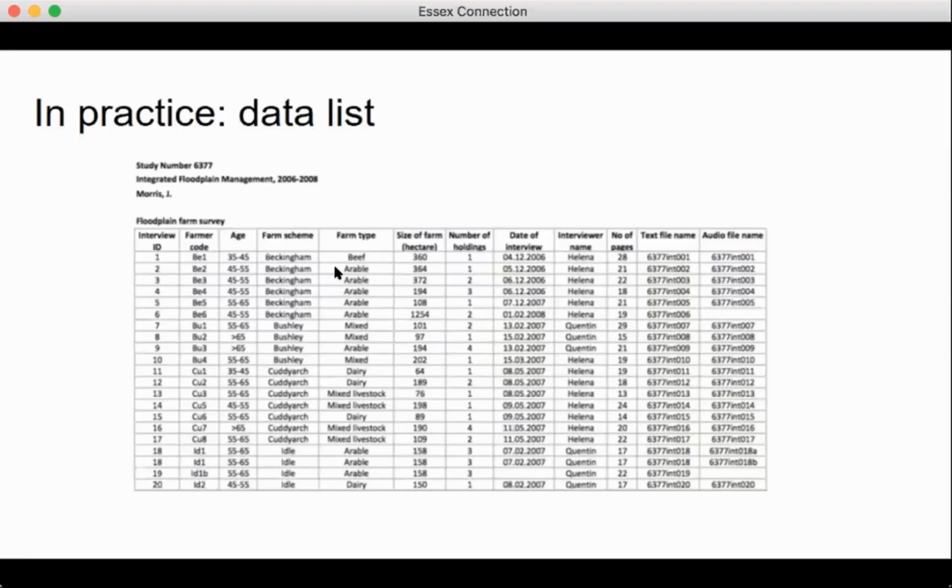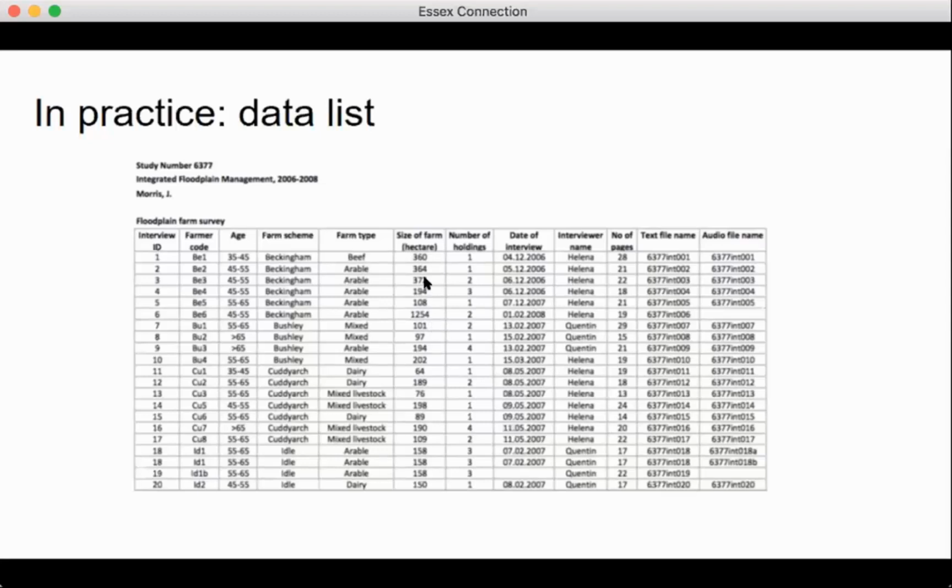If you were to come back to your project, say in a few years' time, and you need to have an exact view of the transcripts or the files that you had years ago and you don't remember them. Or perhaps someone else is interested in a subsample of your data. For example, perhaps someone is only interested in farms that are larger than 300 hectares.